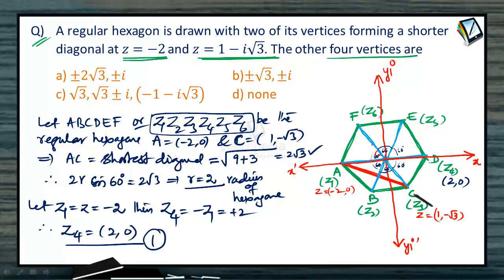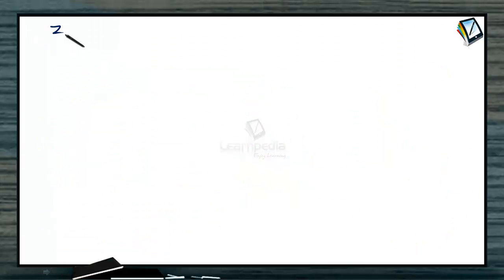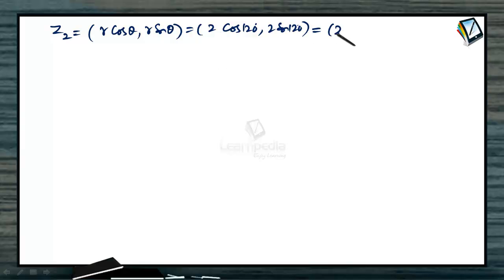Now to get the other vertices, let us find Z2. To find Z2, let us use the modulus form of the complex number, r cos theta and r sin theta, which equals 2 cos 120 degrees and 2 sin 120 degrees. Cos 120 is -1/2 and sin 120 is root 3 by 2, hence this is (-1, root 3).